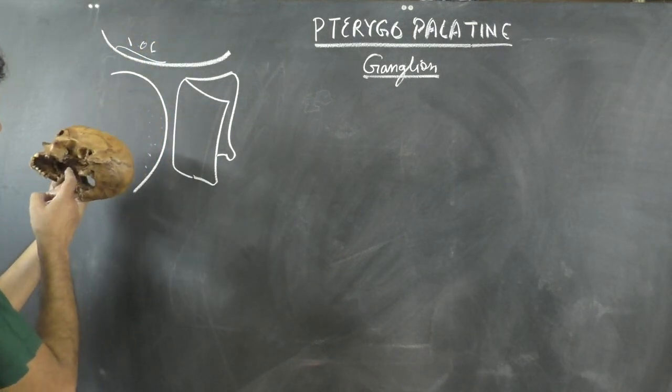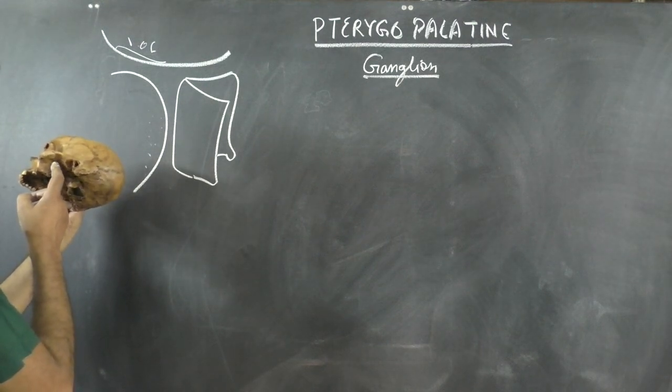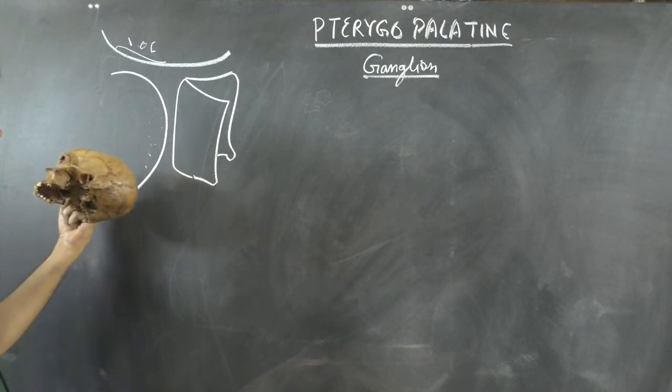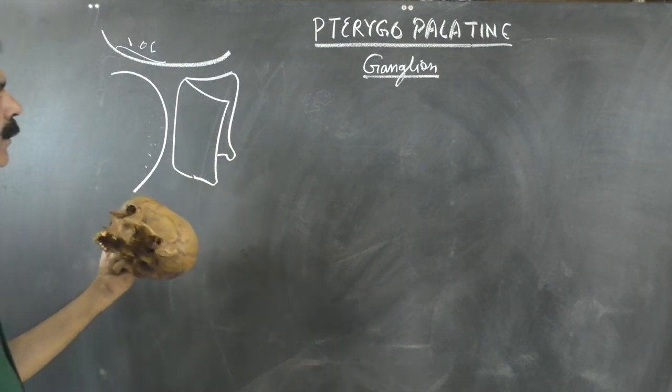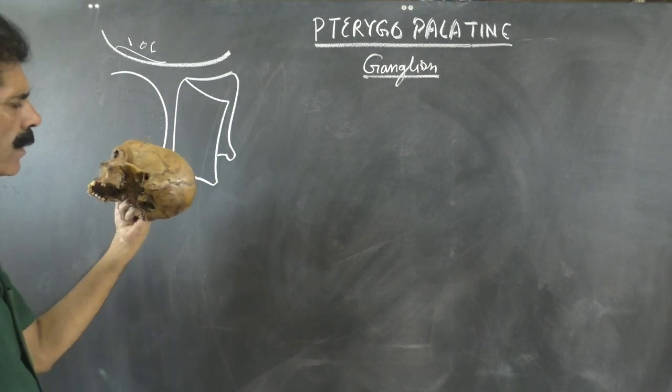So these are the boundaries. The medial boundary is formed by the palatine bone, and laterally it is open to the infratemporal fossa. So here lies the Pterygopalatine ganglion.